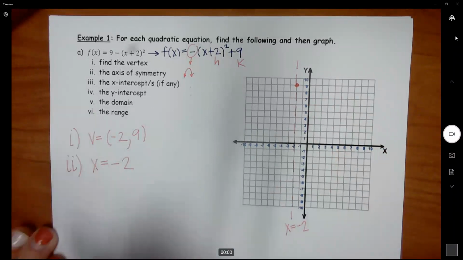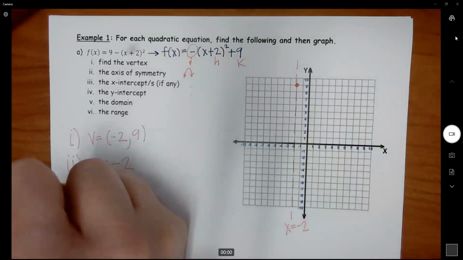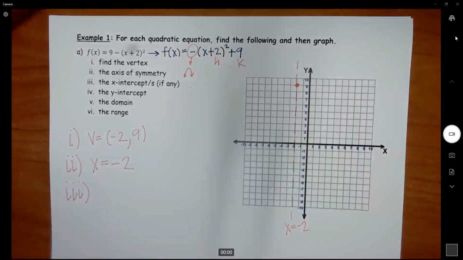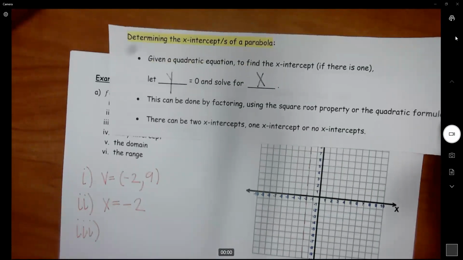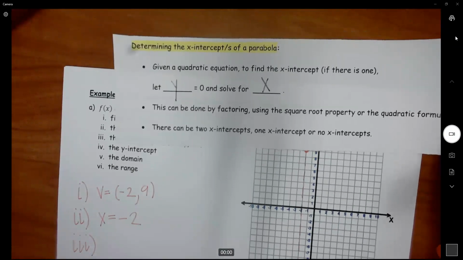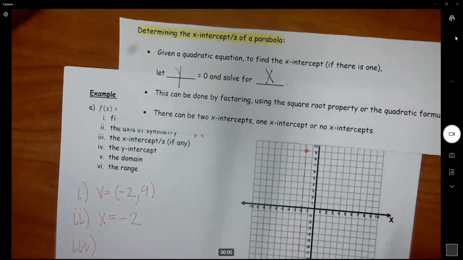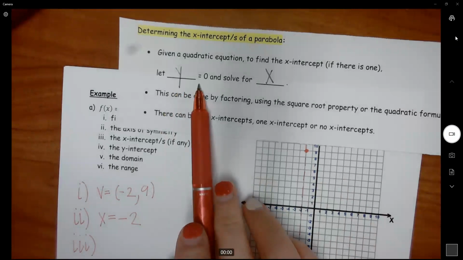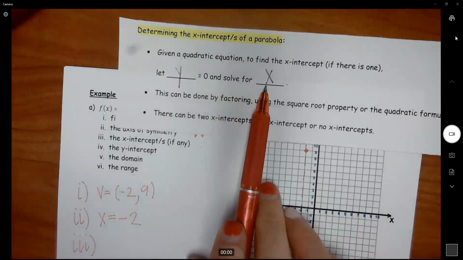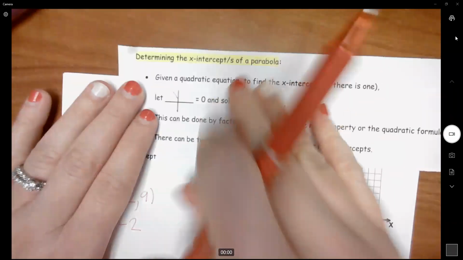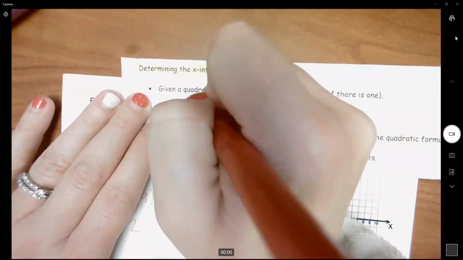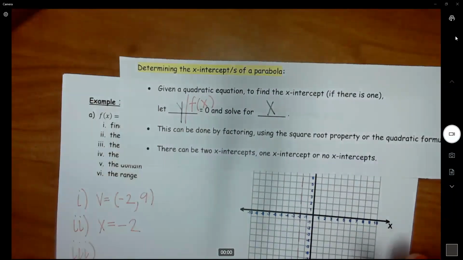So now, part 3, we need to find the x-intercept. To find the x-intercept, we're going to let y equal 0 and then solve for x. Well, y is the same thing as f of x.